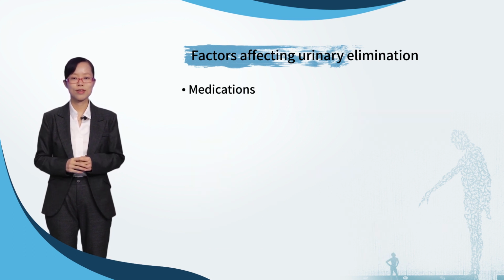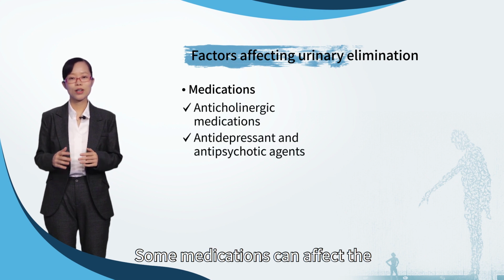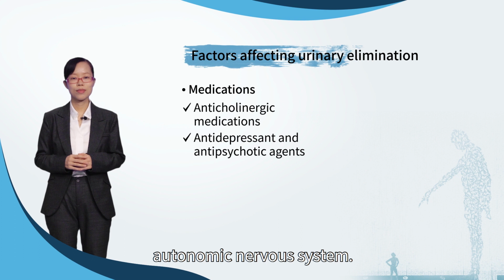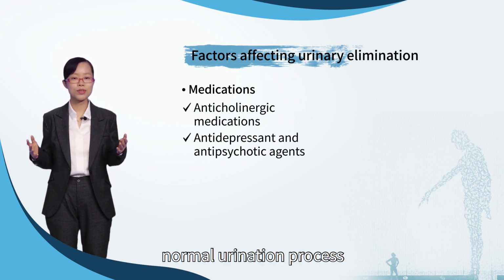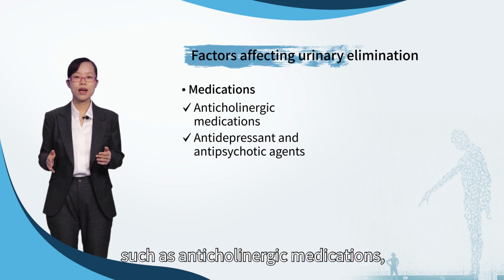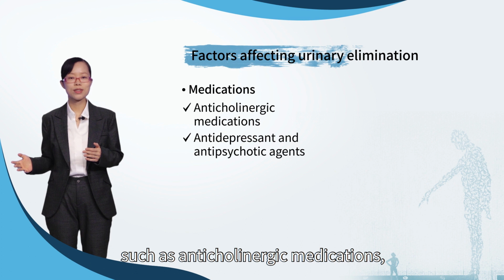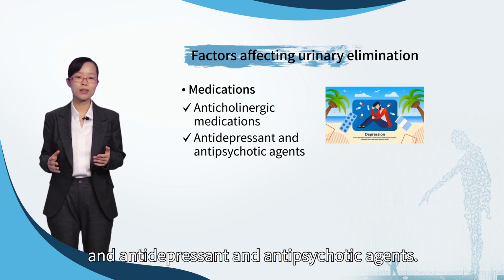Medications. Some medications can affect the autonomic nervous system. They interfere with the normal urination process and may cause retention, such as anticholinergic medications and antidepressants and antipsychotic agents.